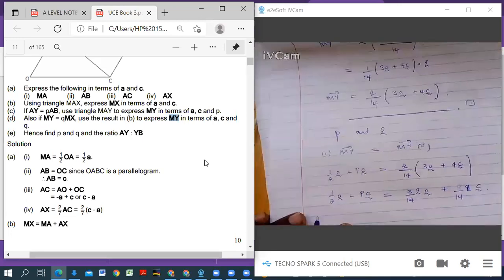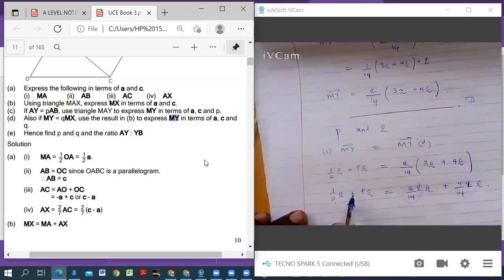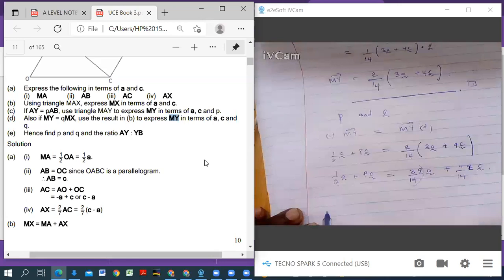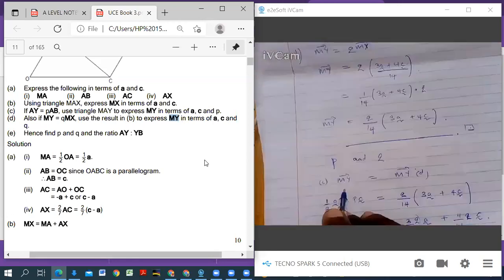I want these vectors to be last, and the numbers next to them, such that I can compare that a half is equal to that. So I can compare now for A.